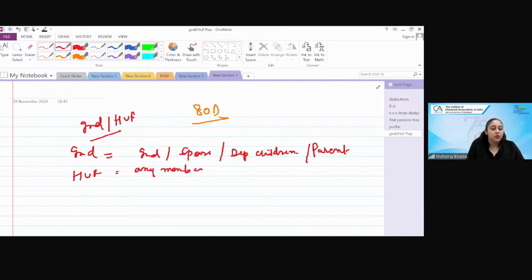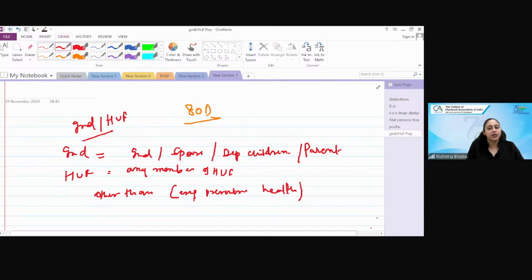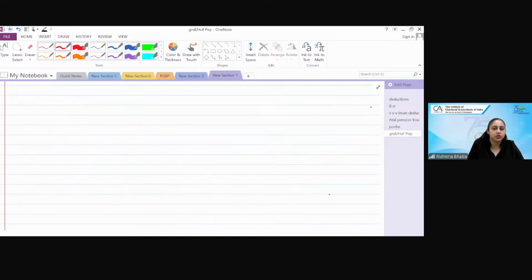This is also clear. Now, what is the contribution mode? First of all, the contribution should be in any mode other than cash, except preventive health contribution, which we'll come to. What is the maximum deduction? पहले हम individual के perspective से समझेंगे.